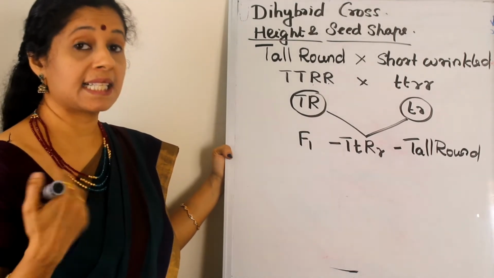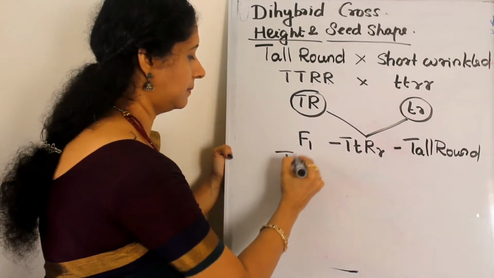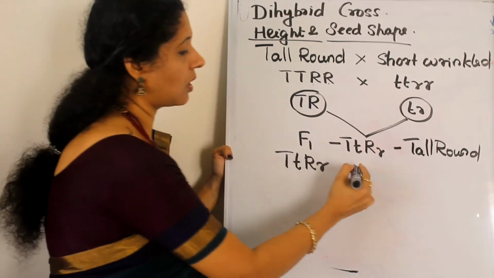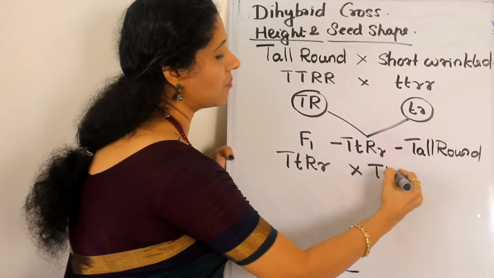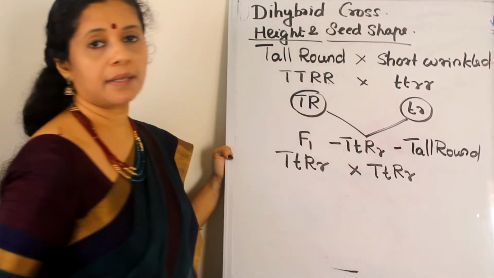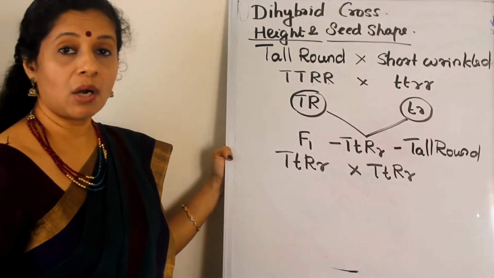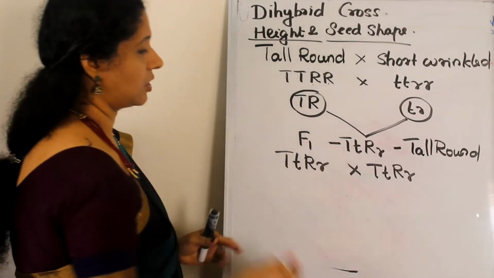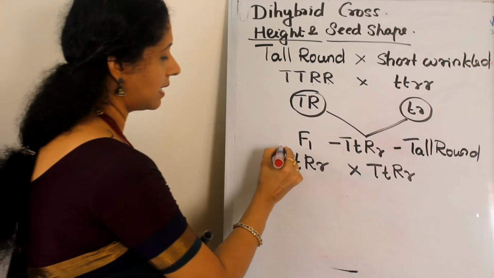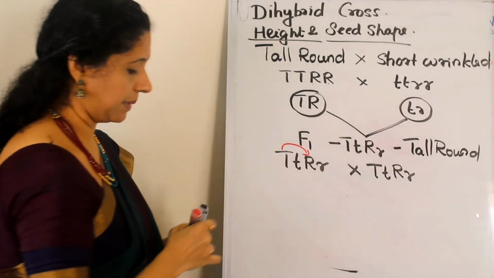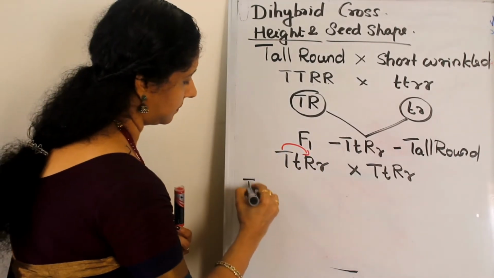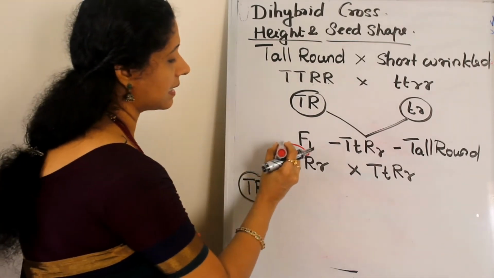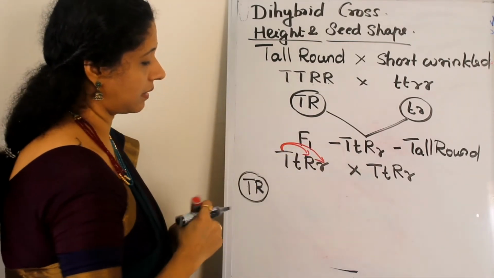How will we go for the second generation? It is always self-pollination. Capital T, small t, capital R, small r into capital T, small t, capital R, small r. Now how will we get the gametes? See, it is like this. First combination of gametes, capital T with capital R. Another possibility is capital T with small r.